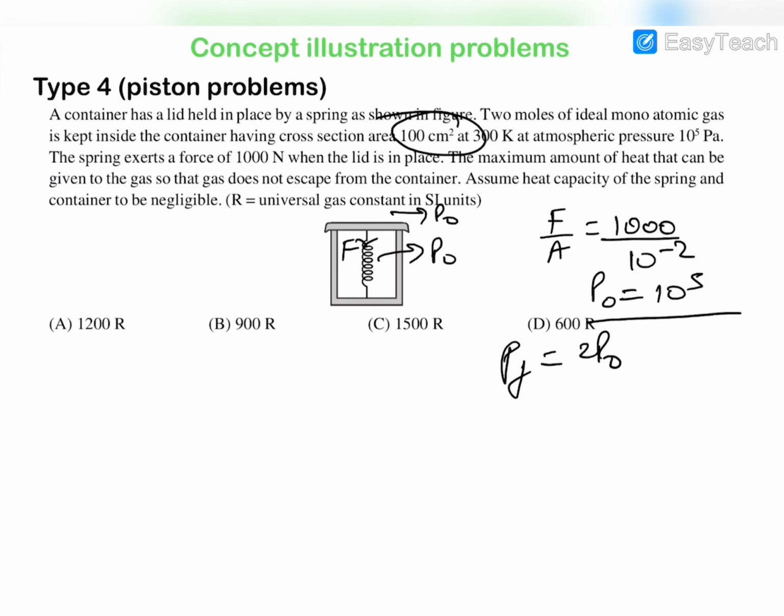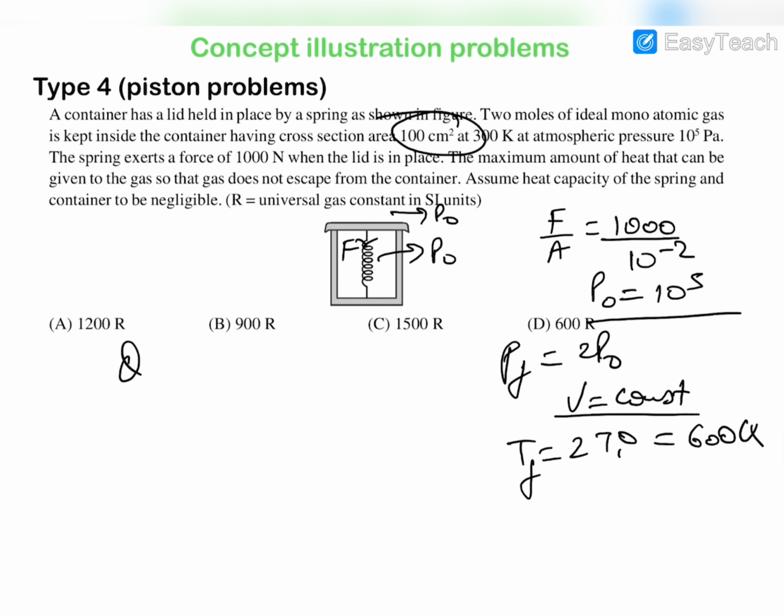So the final pressure should be 2 P naught, and volume is constant throughout this heating process. So the temperature will also be double the initial temperature, so temperature would be 600 Kelvin, and the heat supplied at constant volume is n CV delta T.